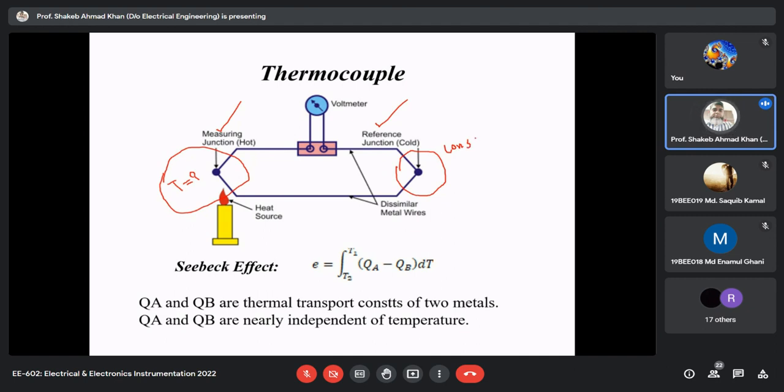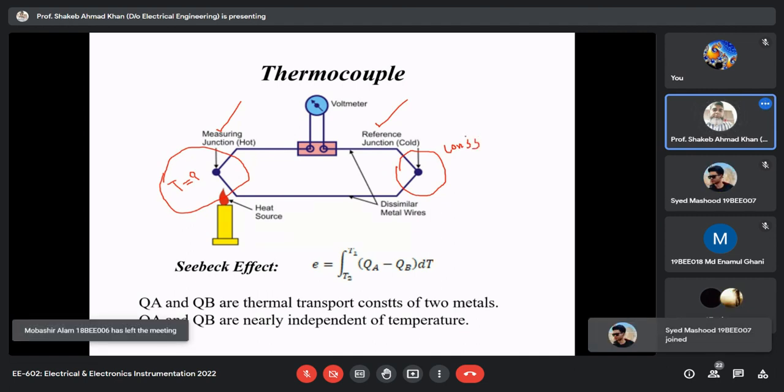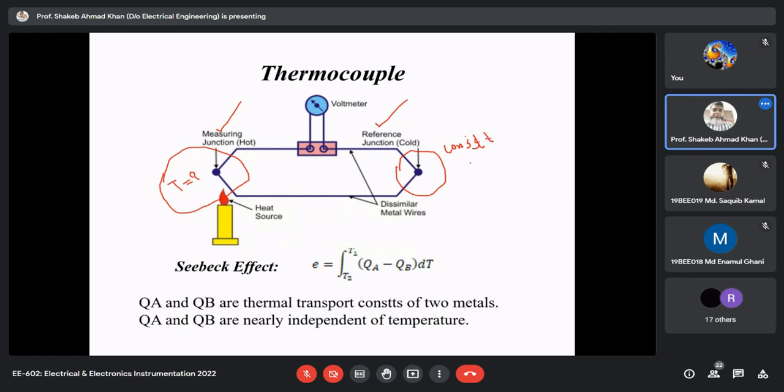And it is good if this constant temperature is 0 degrees Celsius. The reference junction temperature should be constant.